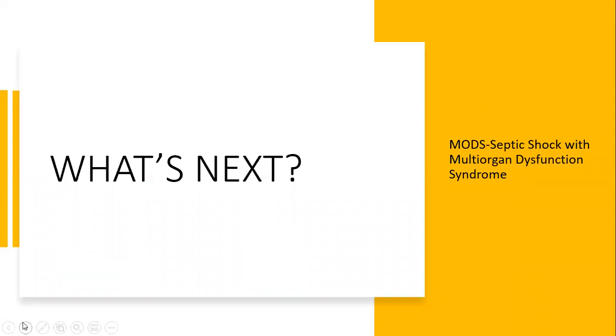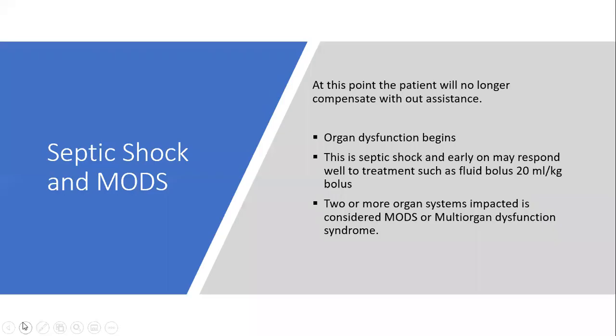If we don't stop it there, what's next is septic shock with multi-organ dysfunction syndrome. At this point, the patient can no longer compensate without assistance. The organ dysfunction begins. This is septic shock, and early on, it may respond well to treatment, such as fluid boluses. You're looking at a fluid bolus of 20 mL per kilo.